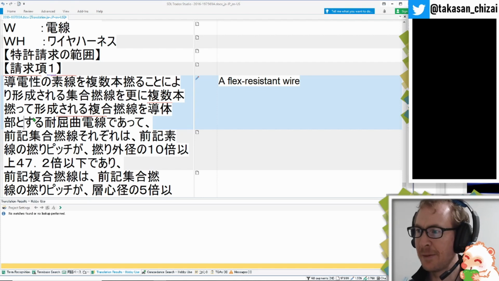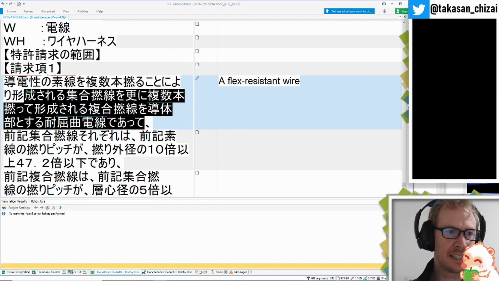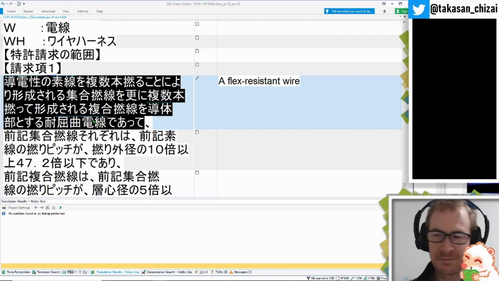And immediately when you start translating claims, you've got to think in terms of elements, or the building blocks, the parts of the invention. And we can see in this section here, there's lots of parts. There's wires, there's stranded wires, there's other things.